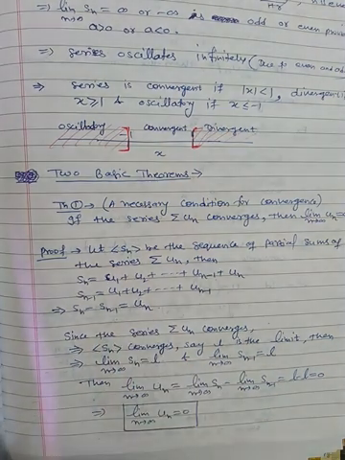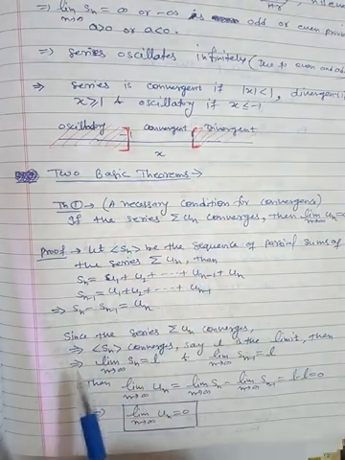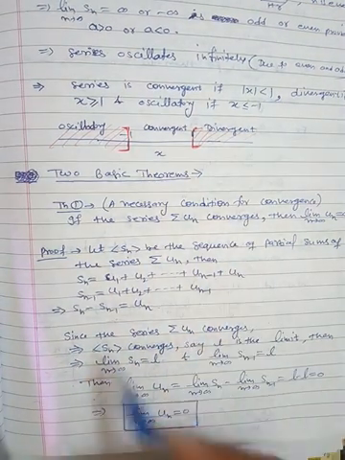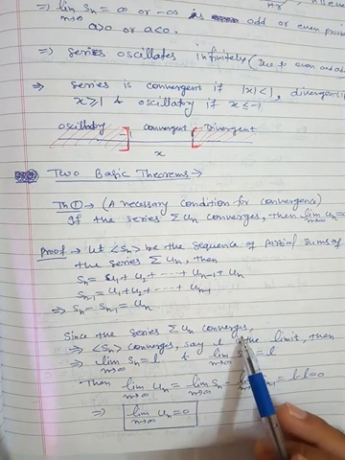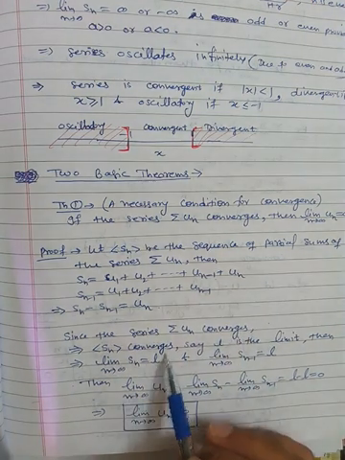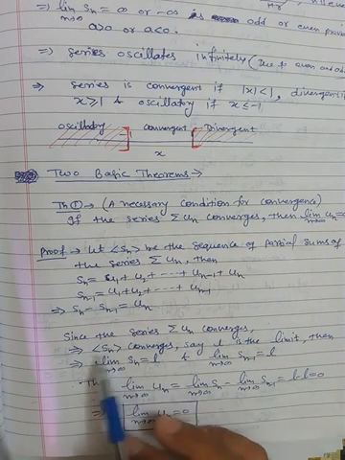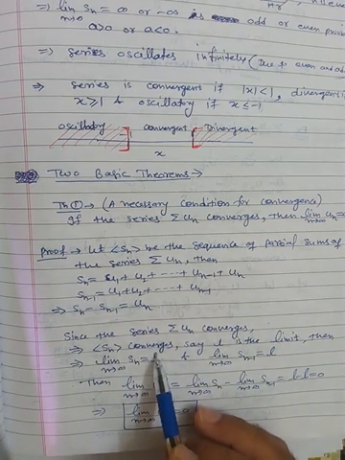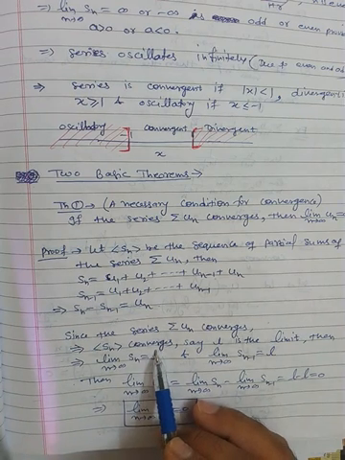Now this series is already given to you as a convergent series. If this series converges, then Sn converges. We have already discussed this concept in the last class.